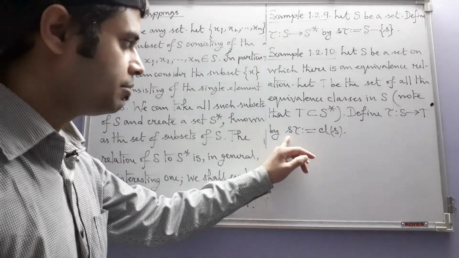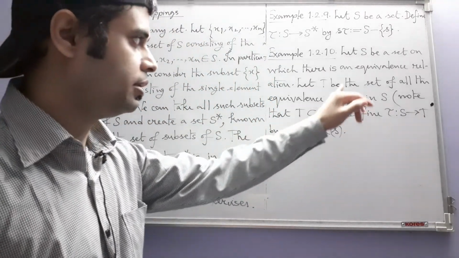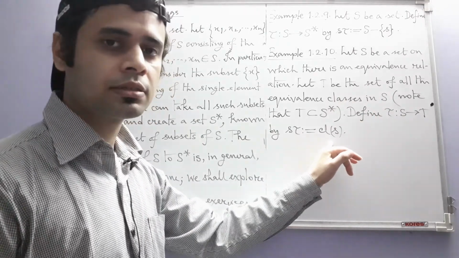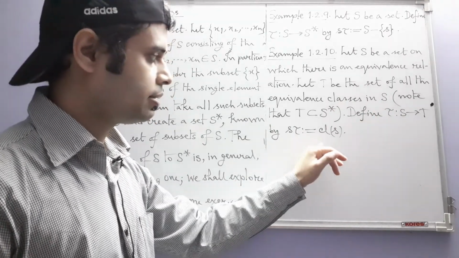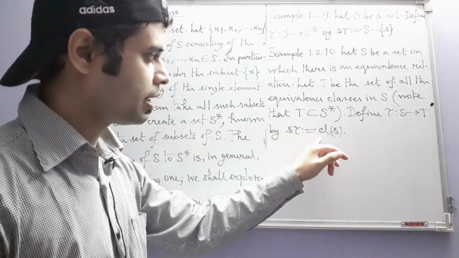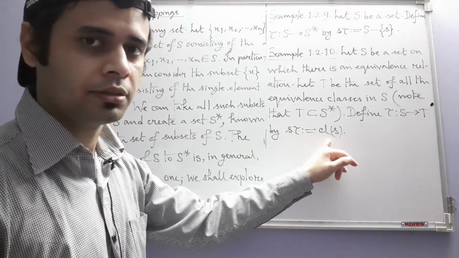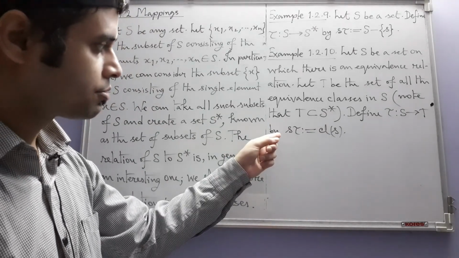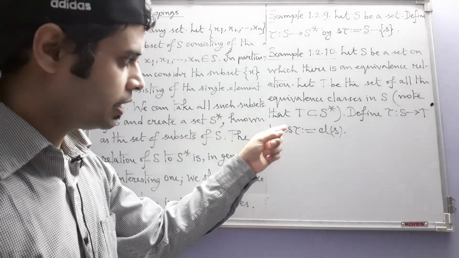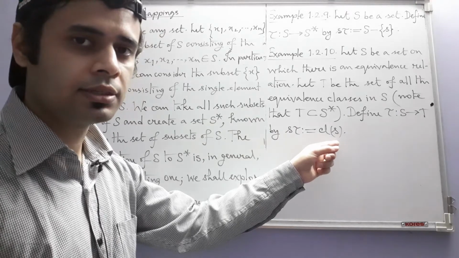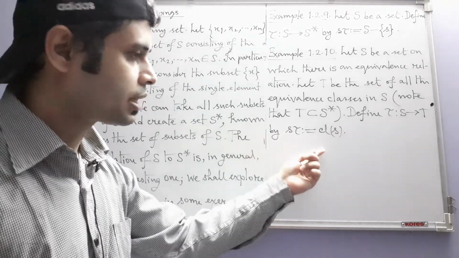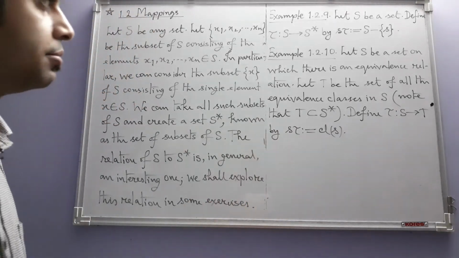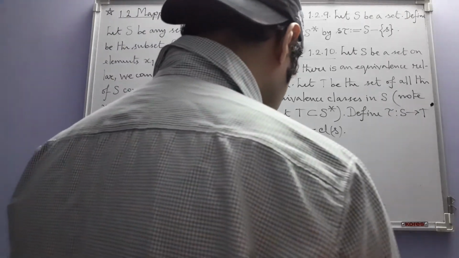For a given element, whatever it may be in S, there is an equivalence class corresponding to it, and there is only one equivalence class which contains the given element, because distinct equivalence classes are disjoint. That's why for a given s, this class of s is unique. So this tau is well defined.